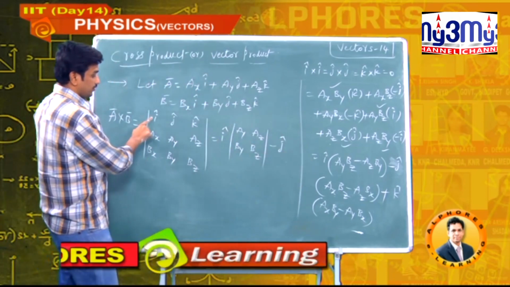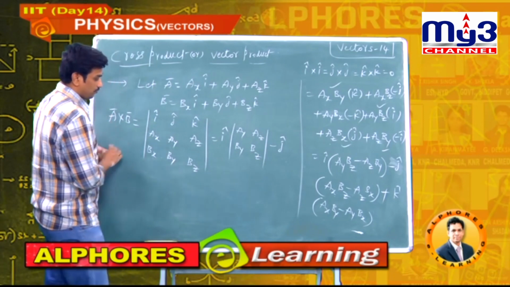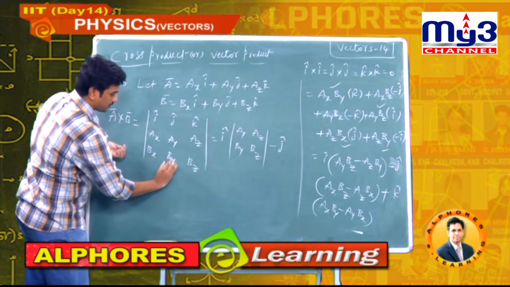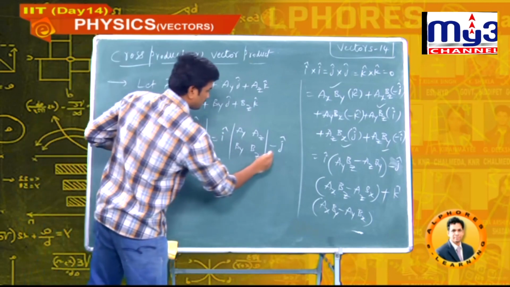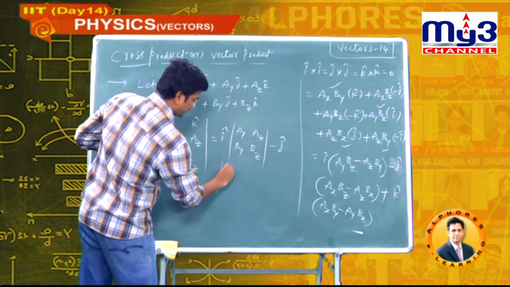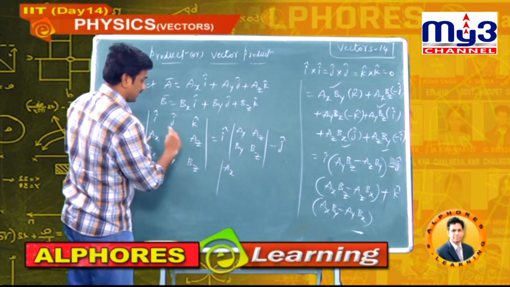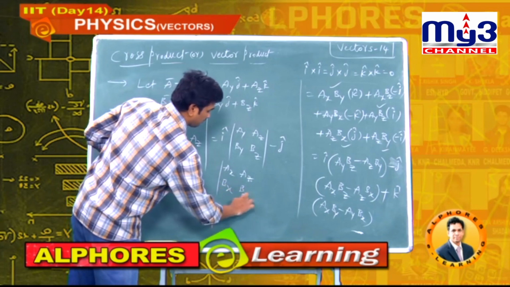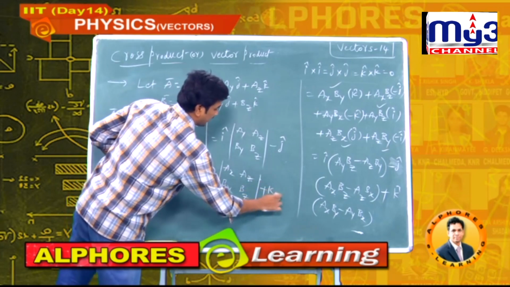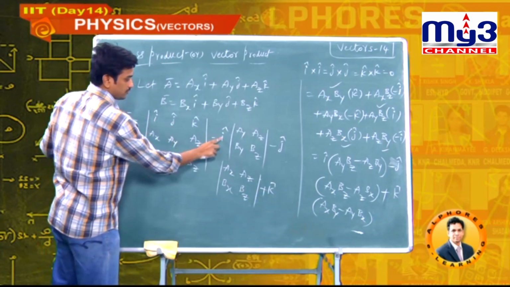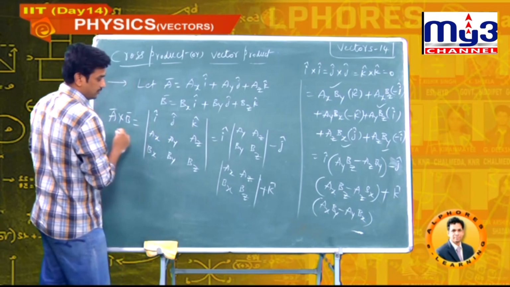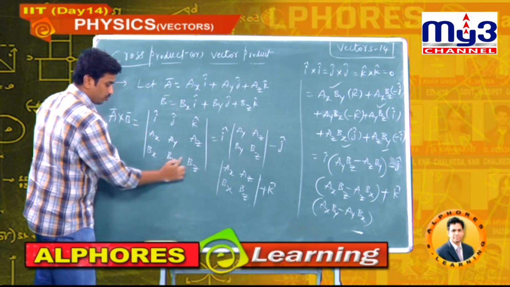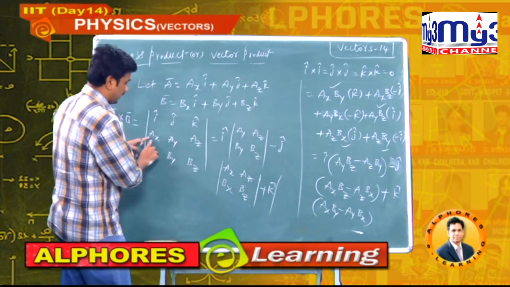Alternately plus, minus: first one plus, second one minus. Now forget about J cap, this column, this row. The remaining part: Ax, Az, Bx, Bz, modulus. Plus K cap, third one: first one plus, second one minus, third one plus. Next forget about this row and column. Now the remaining part is left over, modulus of Ax, Ay, Bx, By.